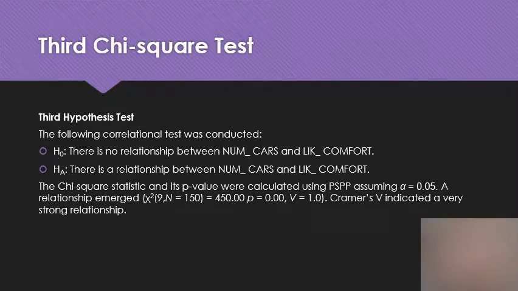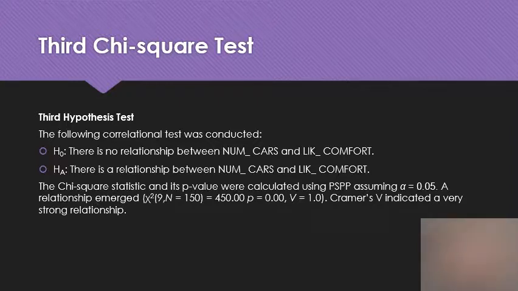Our third test, the null hypothesis states there is no relationship between number of cars and the Likert comfort. The alternate hypothesis states there is a relationship between the number of cars and the Likert comfort. Our results came in with a relationship that did emerge.